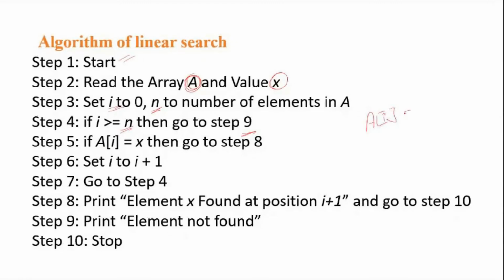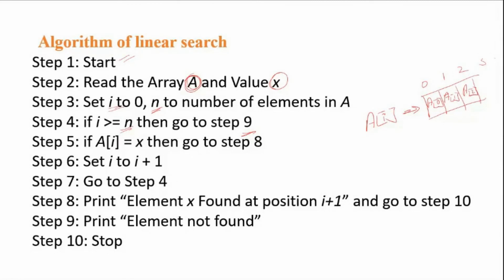The locations are given like this: 0, 1, 2, 3, etc. So if I is 0, this is A of 0. If I equals 1, this is A of 1. If I equals 2, this is A of 2.